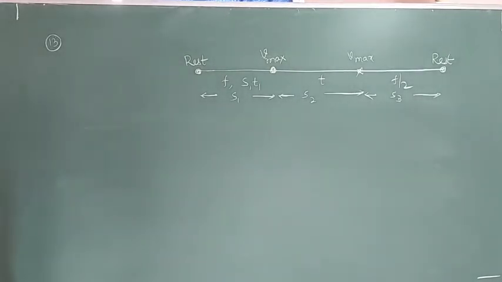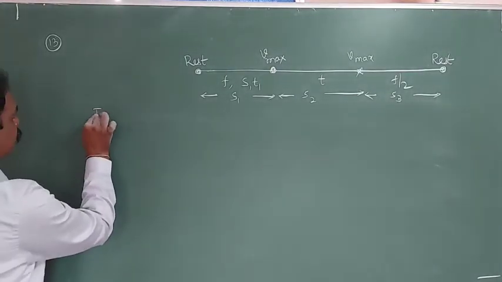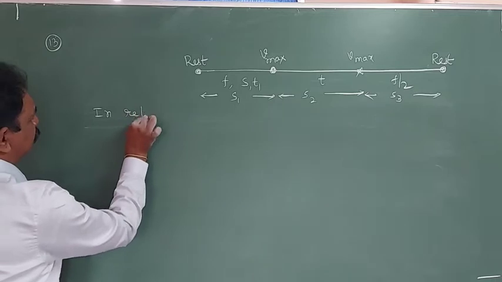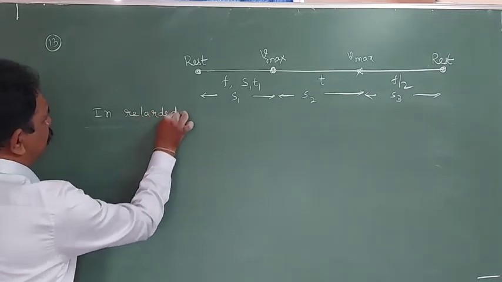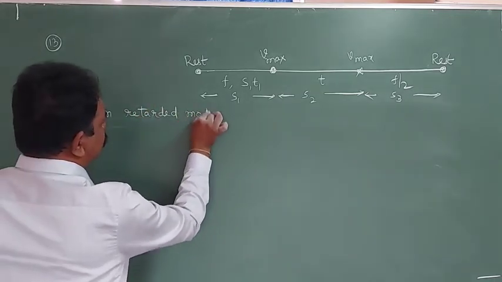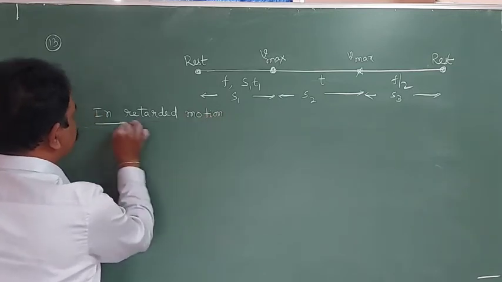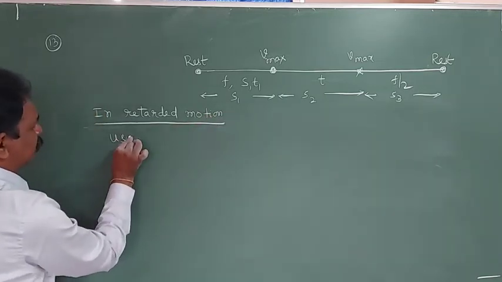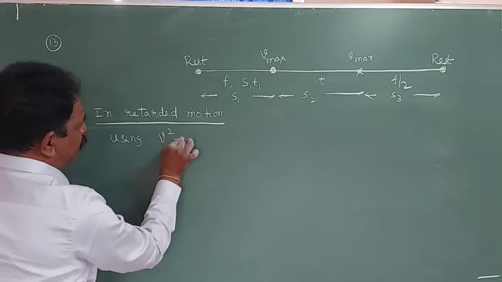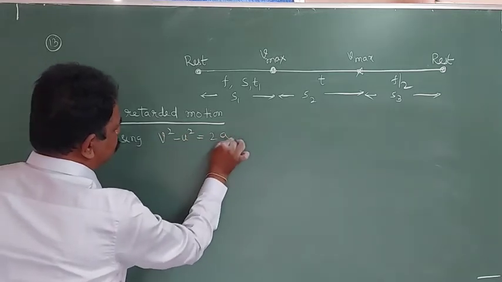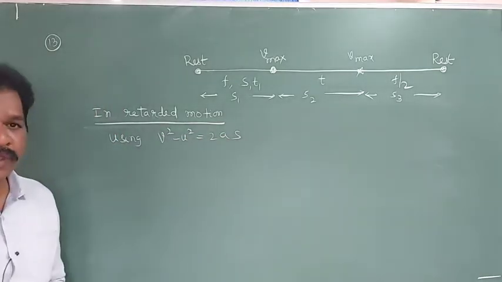Next, we'll discuss retarded motion. In retarded motion, using v square minus u square is equal to 2as.